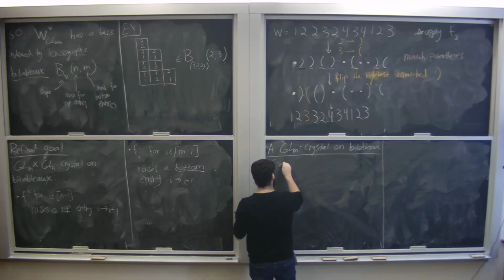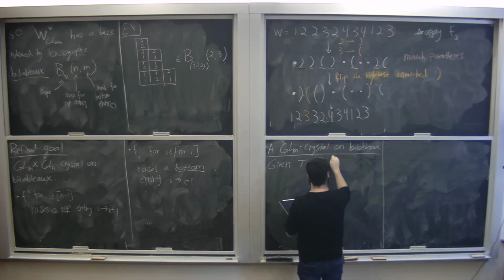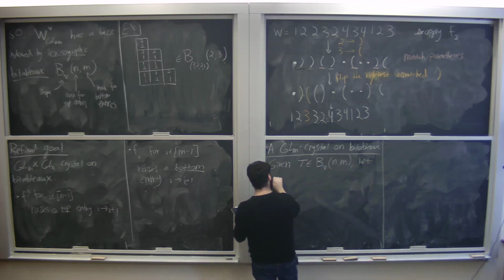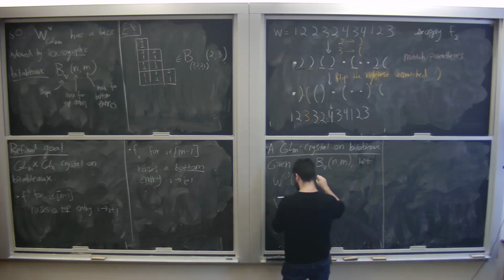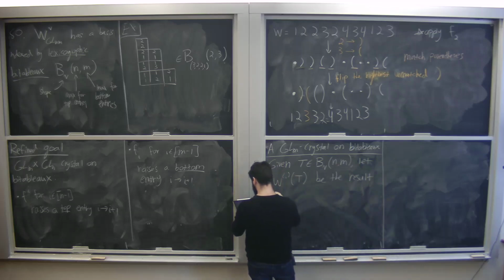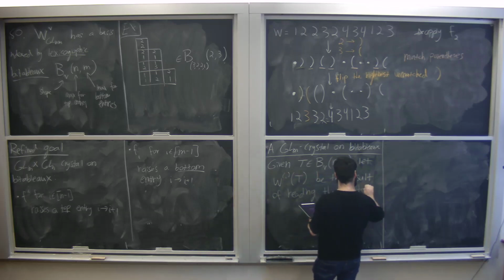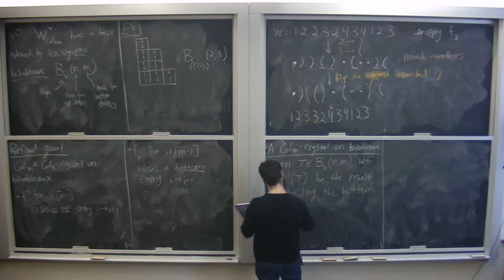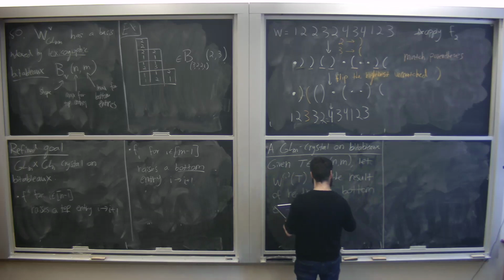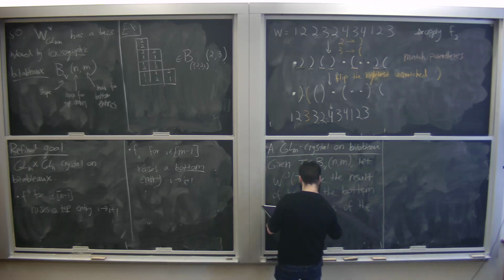Okay, so given T, some bitableau of shape nu, with max entries n and m, we're going to let W_i of T be the result of reading the bottom entries of boxes of the form i on top, something on bottom.